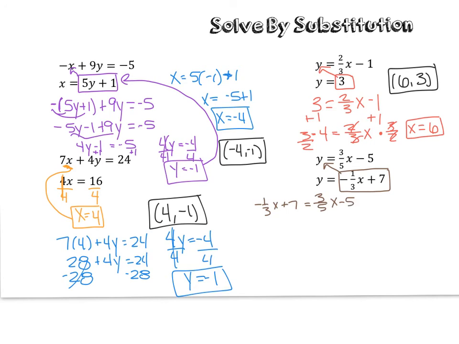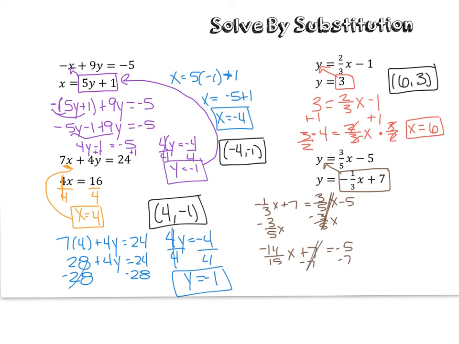Letters to the left, so we're going to say minus 3/5 x from both sides. Now, you know I recommend that you use fractions or calculators when you're working with these fractions. So that should be a negative 14 over 15 x plus 7 equals negative 5.